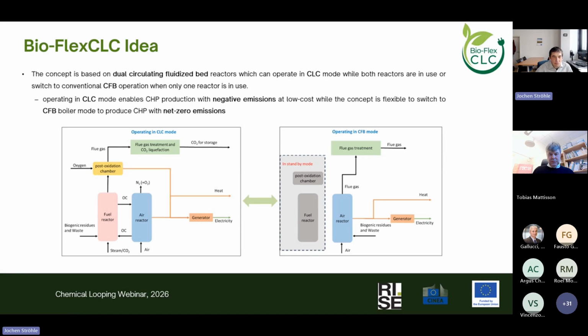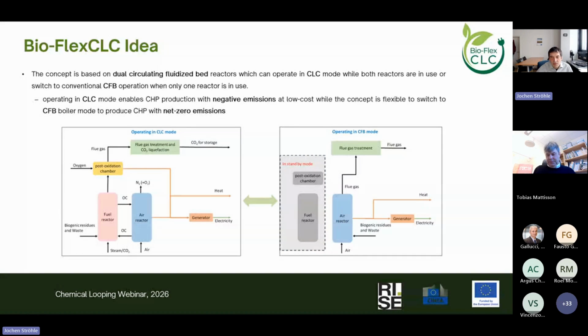The idea is to switch between these 2 operative modes, depending on whether, for example, there are advantages from an economic point of view to separate CO2, because chemical looping combustion can inherently separate the CO2, so we can reach even negative emission when using biogenic fuels.